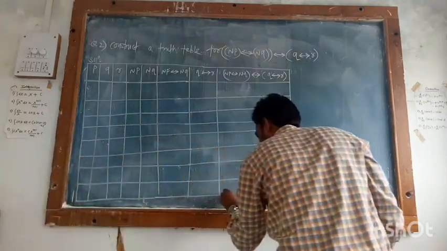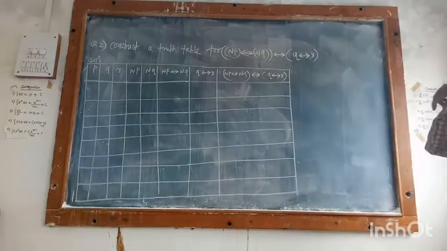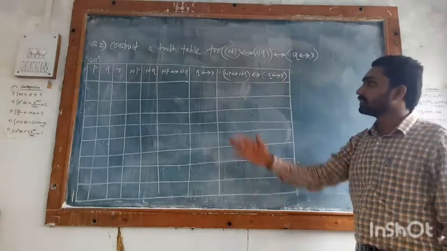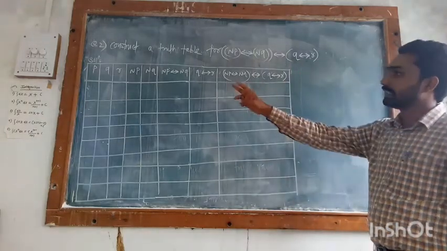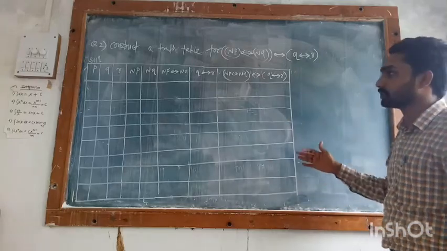This is your last one. Okay. This is your truth table for the given statement. So in your truth table, there are 3 propositions. That means there are 2 raised to 3, that is 8 rows. Okay.